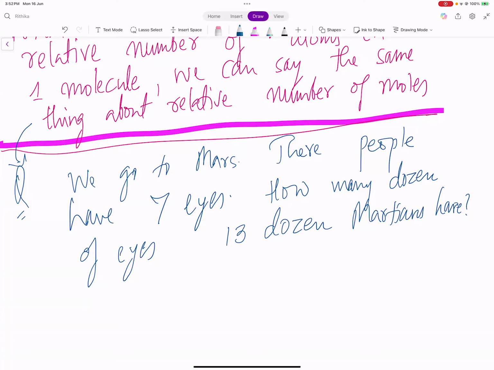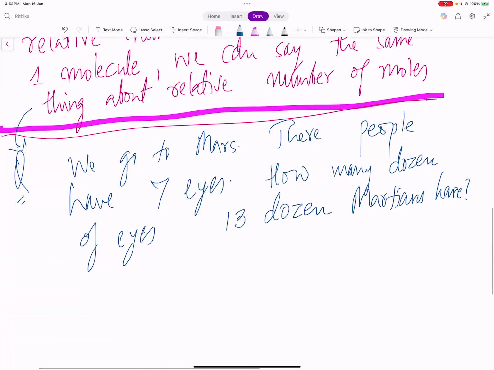Very nice. You can use calculators. In my class, I allow people to use calculators, because we do things fast here. So 91 dozen eyes.